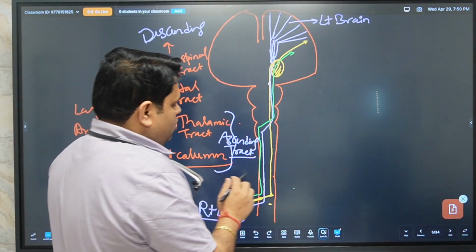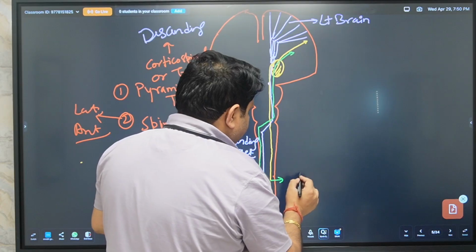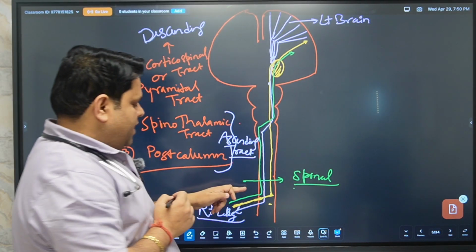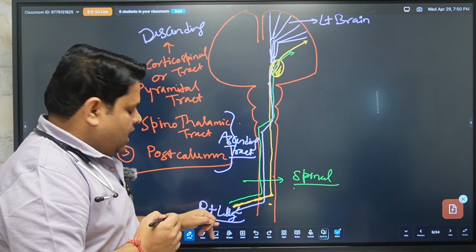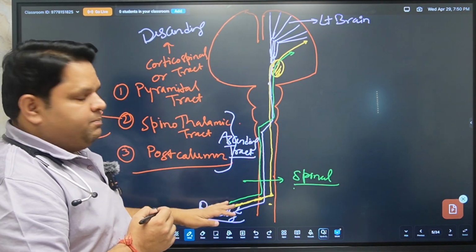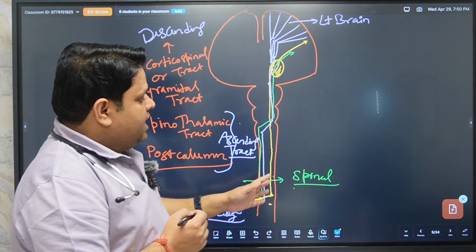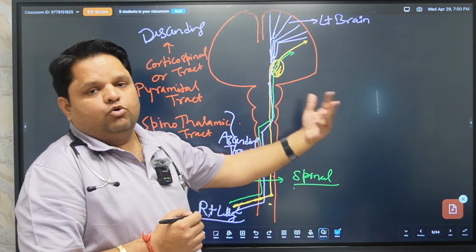So if we discuss at the spinal level, our corticospinal tract and the posterior column are affected on the same side, and the spinothalamic tract on the opposite side.